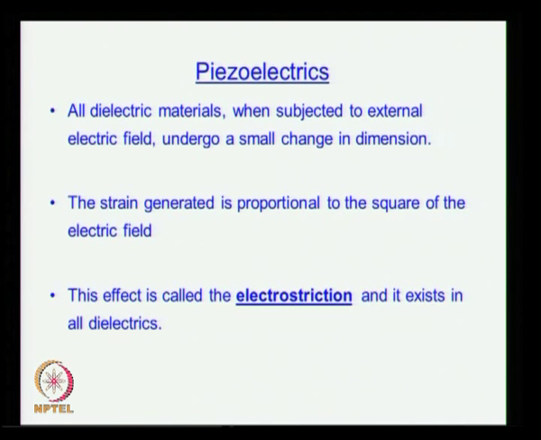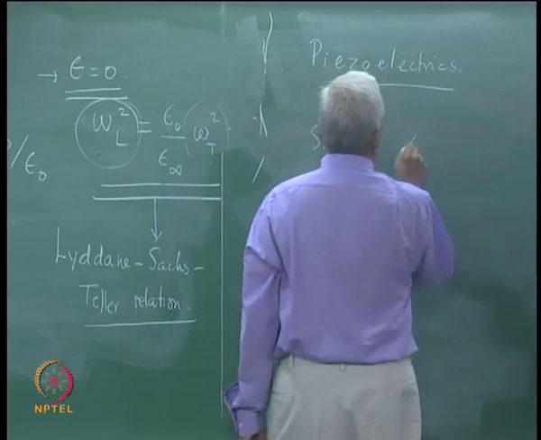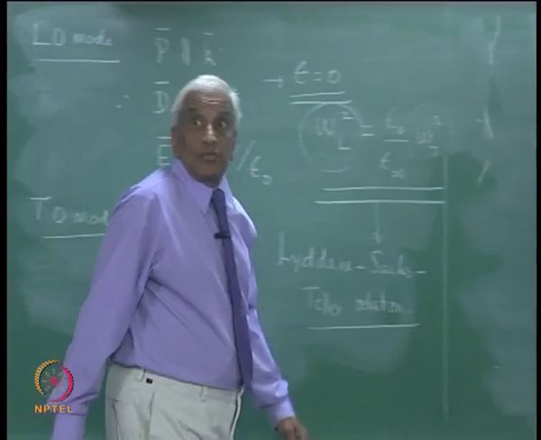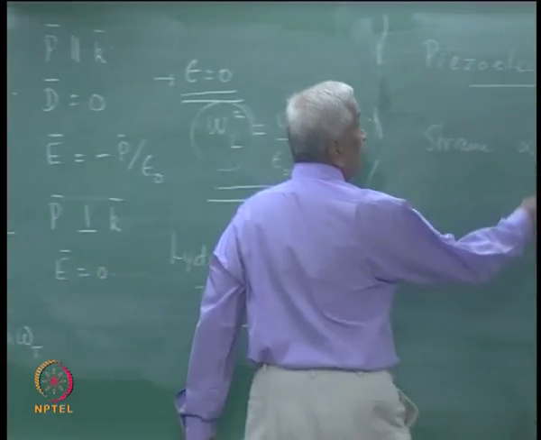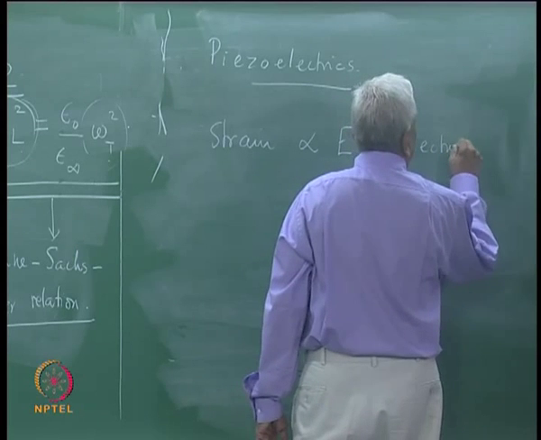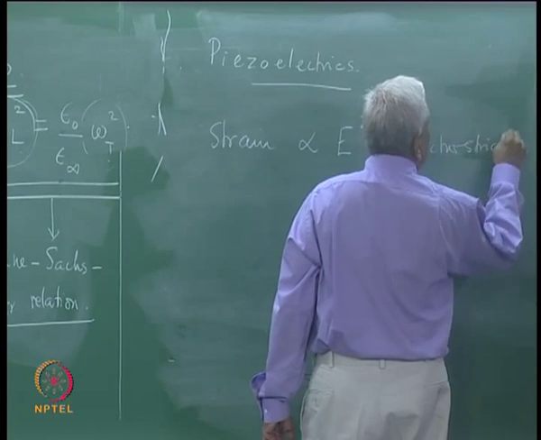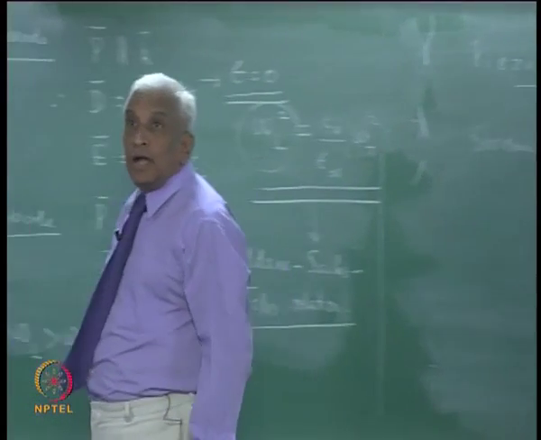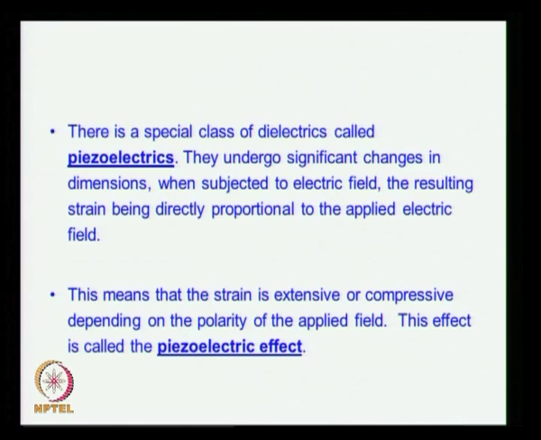So, there is a strain generated which is proportional to the square of the electric field at high enough fields. This effect is known as electrostriction, and this is observed in all dielectric materials at high enough electric fields.